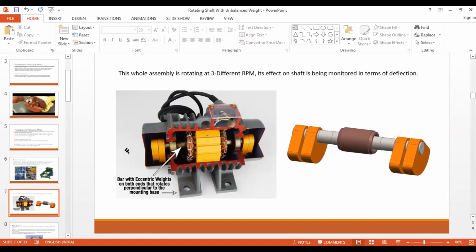The yellow colored components on both sides are the unbalanced weights. The gray colored component is the bearing, the middle one is the stator, and in that our brown colored rotor is situated. This is the best example of a foot mounting base.